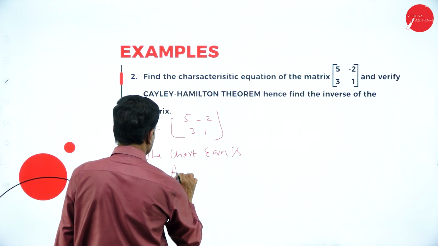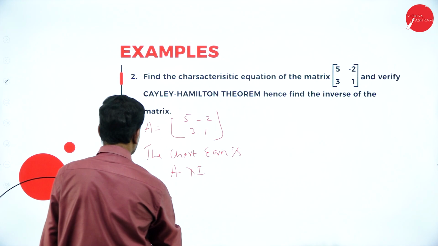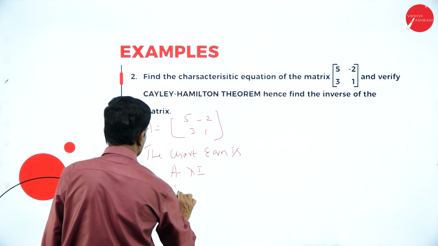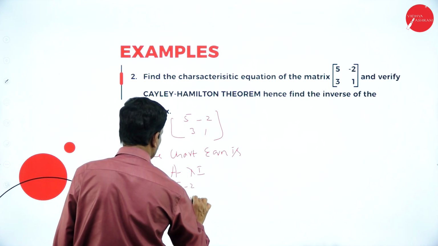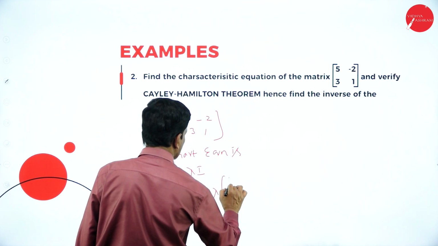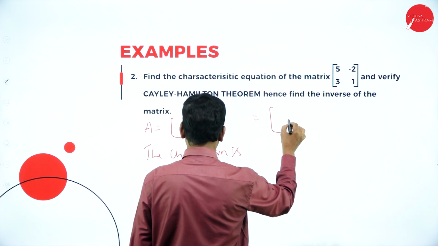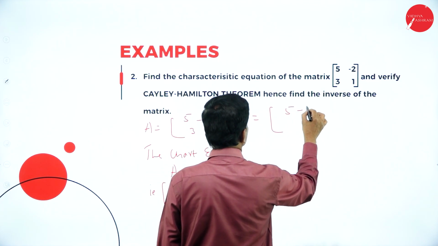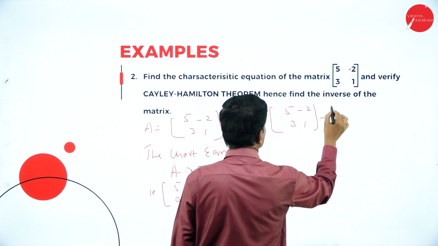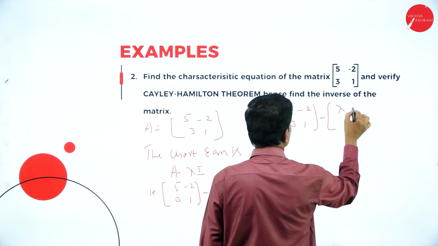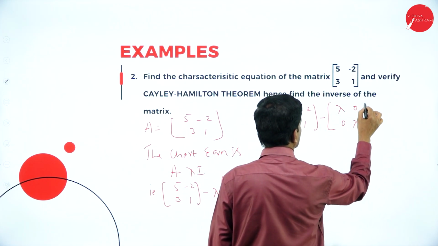The characteristic equation is the determinant of A minus lambda I. What is A minus lambda I? 5, 3, minus 2, 1 minus lambda times 1, 0, 0, 1. So this is equal to 5, minus 2, 3, 1 minus lambda, 0, 0, lambda.